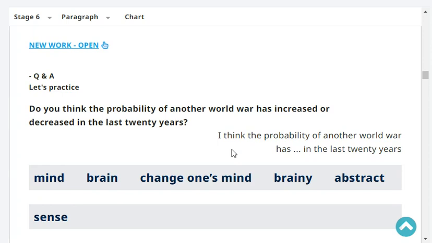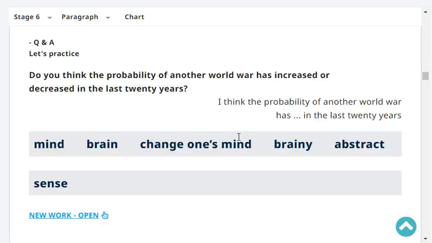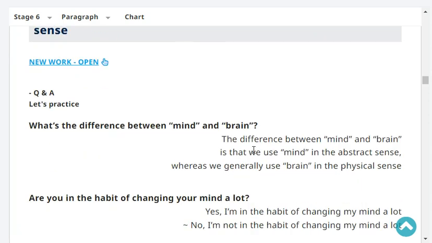Very good. Do you think the probability of another world war has increased or decreased in the last 20 years? I think the probability of another world war has increased in the last 20 years. Very good.